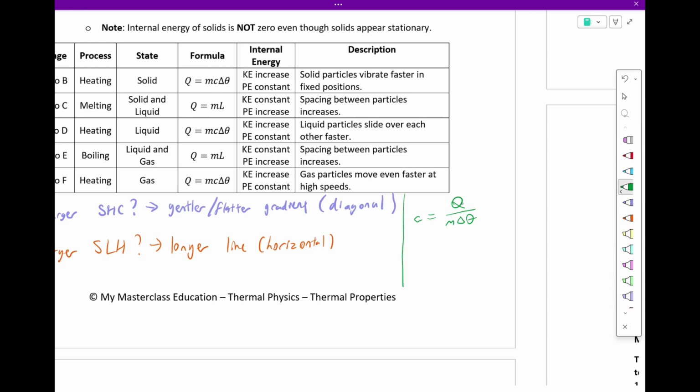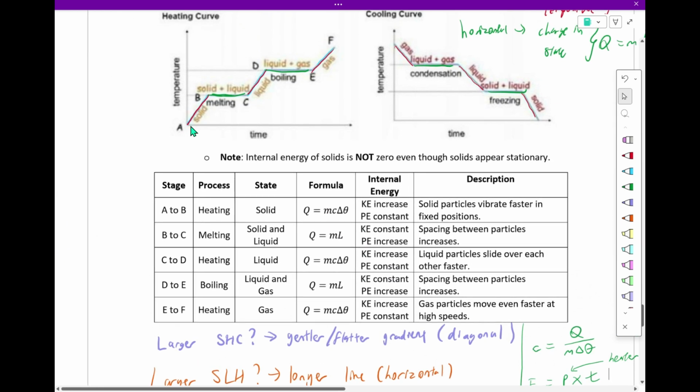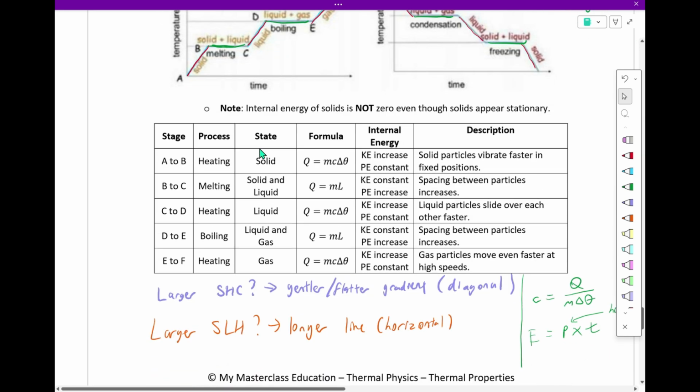So what is Q? Q is energy, right? Energy is power times time, where this power comes from the heater. So you can see that time is related to Q, which is your E. Because of this, time is the factor that affects your specific heat capacity. So the longer it takes for your temperature to increase, the higher your specific heat capacity.